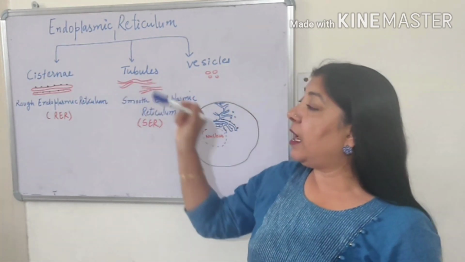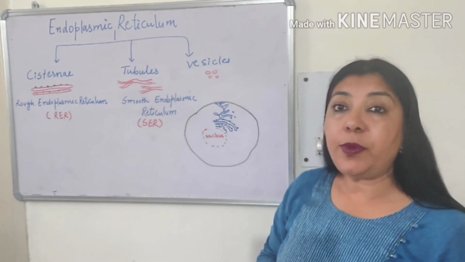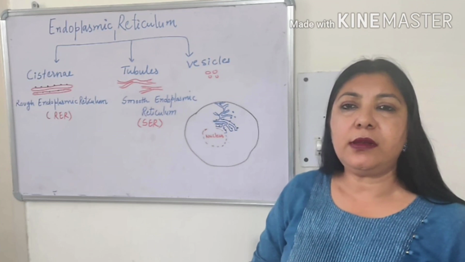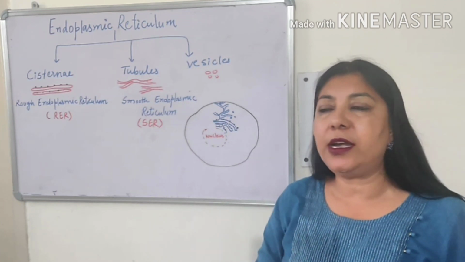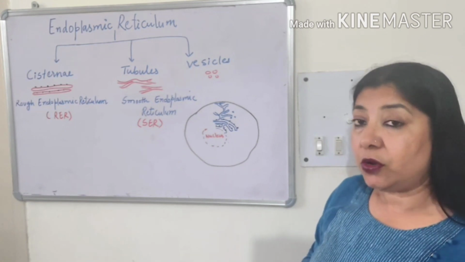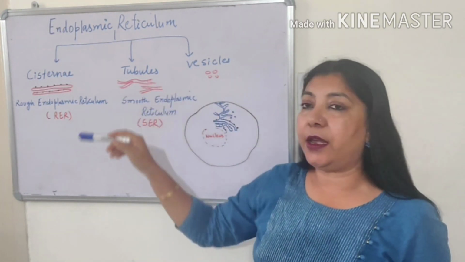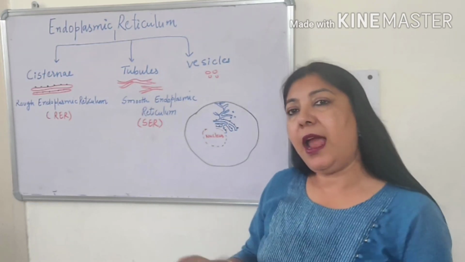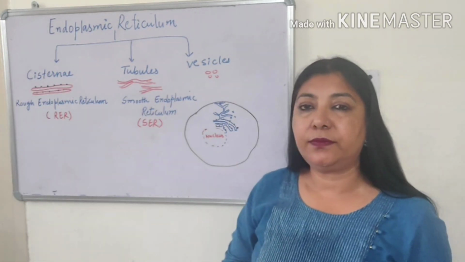Apart from cisternae and tubules, endoplasmic reticulum may also have small structures which are called as vesicles, which are hair-like. So any endoplasmic reticulum may have cisternae, tubules and vesicles.